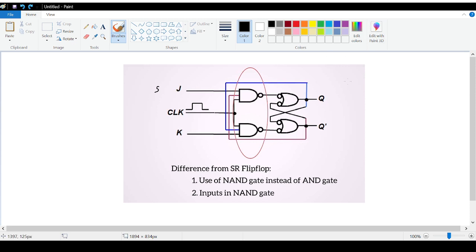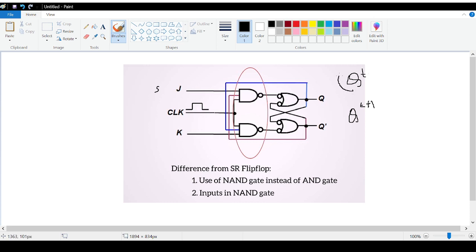Now, if you notice, I had two variables previously, Q(t) and Q(t+1). Q(t) is basically my memory element, that is what my flip-flop is currently holding right now.